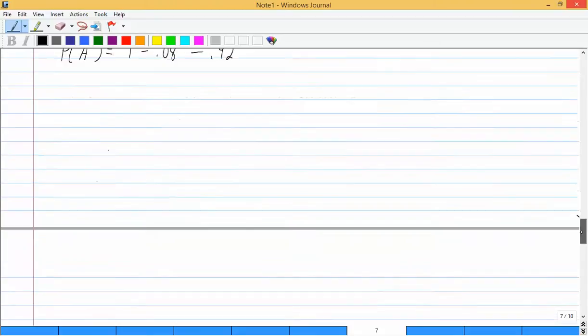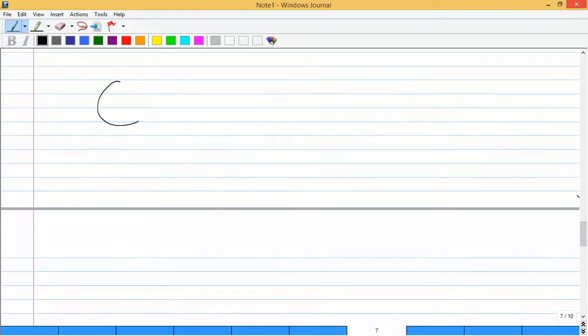If your two events are mutually exclusive, like event A and event B, well, B looks a little smaller, but let's just pretend that it's not. That's disjoint events or mutually exclusive events.